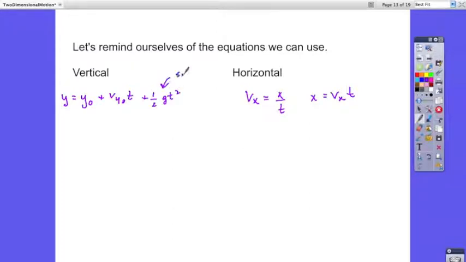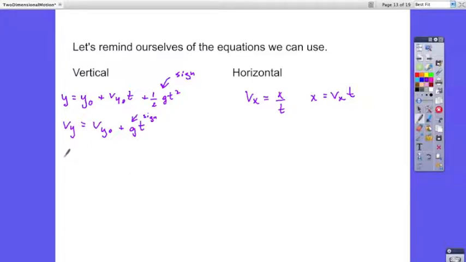Pay attention to the sign that you use for gravitational acceleration. Also, the y velocity at any time is the initial y velocity plus gt. And again, the sign on g, you're going to have to think about what sign to put there.